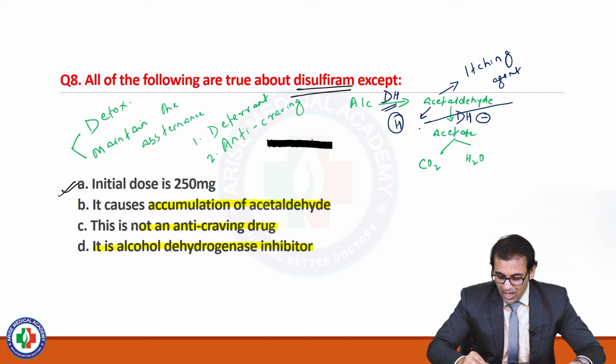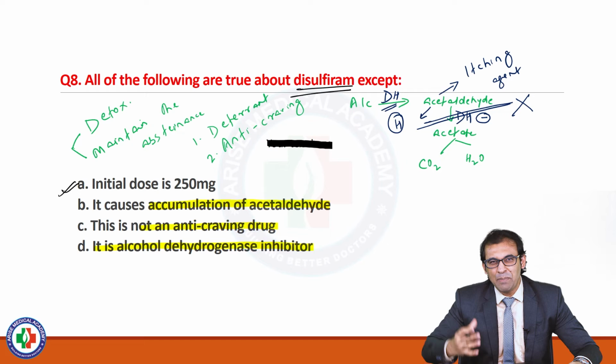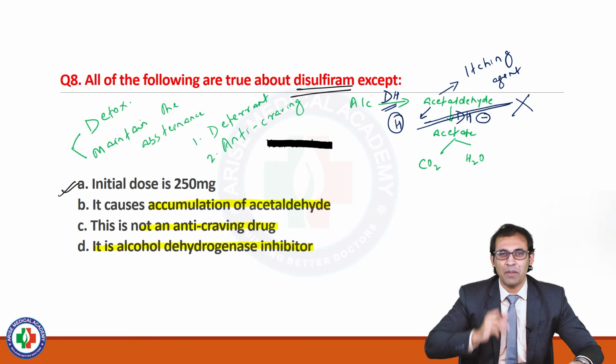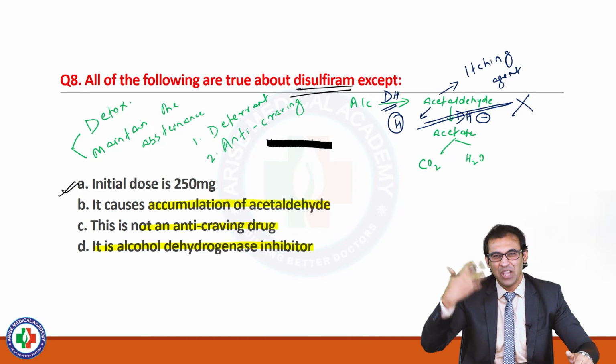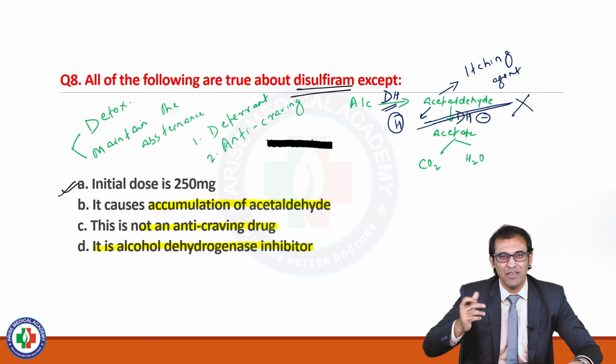Because of this, there will be no further conversion of aldehyde to acetate. Now, if he drinks, there will be accumulation of acetaldehyde, and there will be an effect on the histaminic receptor. Because of that, in front of his friend, he will have red rashes, nausea, vomiting, GIT problems, headache, and low BP.